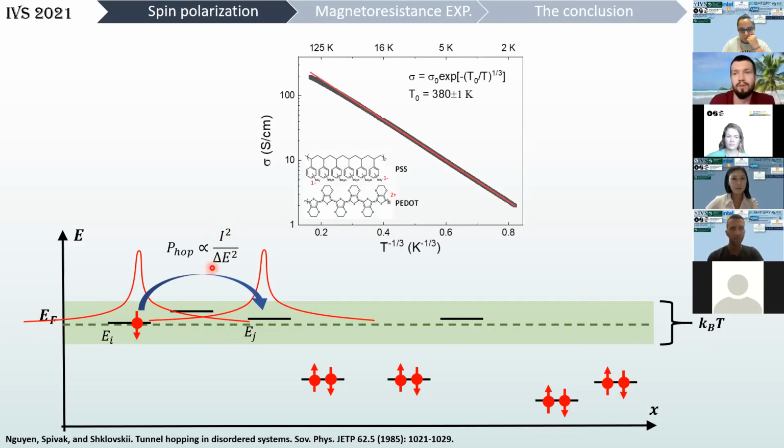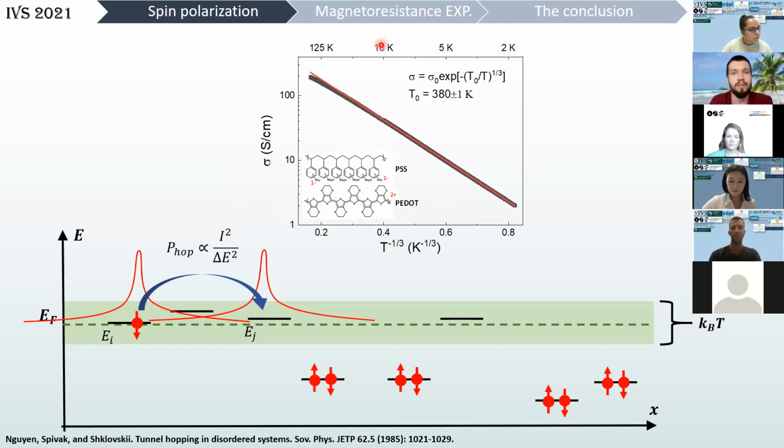Now I want to jump for a moment to the experimental results. In this figure, you can see the planar conductance in PEDOT:PSS thin film as a function of temperature. The temperature here is to the power of minus 1/3. And here you can see the temperature in normal units.